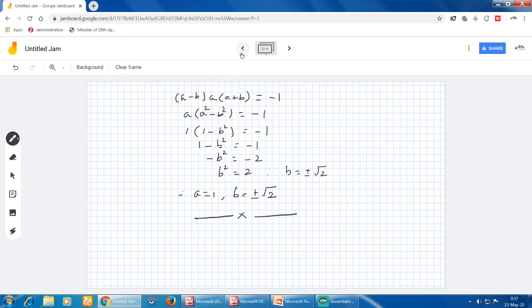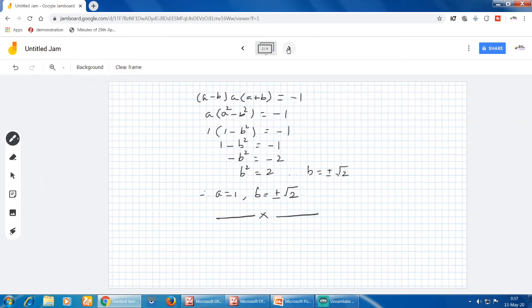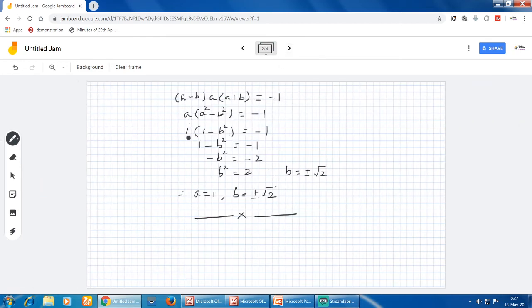But a we got as 1, so substitute it here: 1 into 1 minus b square equals minus 1. So 1 minus b square equals minus 1, and minus b square equals minus 2 when taking 1 to the other side. The minus sign gets cancelled, so b square equals 2. From that you get b equals plus or minus root 2.